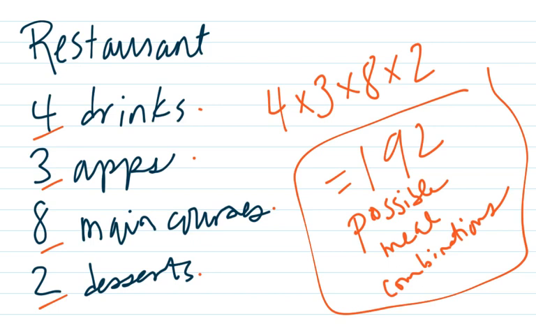Sometimes the question might ask you to type out or write out all the options, all the possibilities, all the outcomes. But sometimes it's just asking you how many there are. And so make sure you read carefully so that you don't try and start listing out all the combinations, because if you do and there's 192, you're going to be there for a long time. And I don't want to do that to you, I promise.